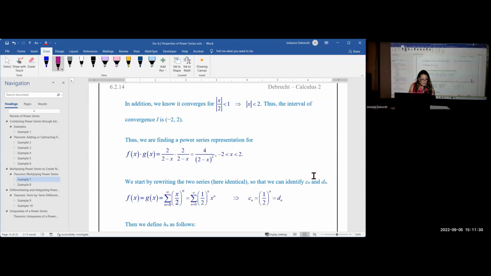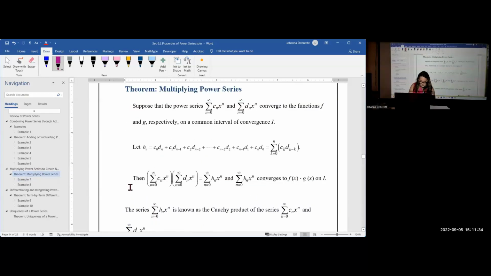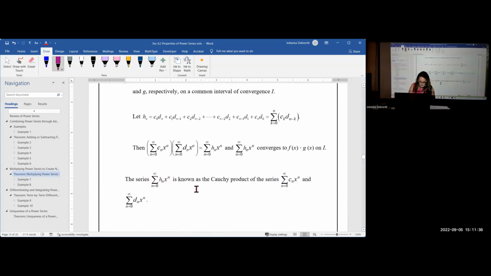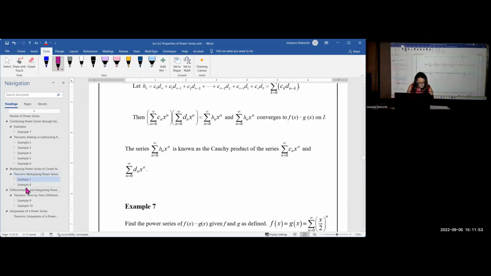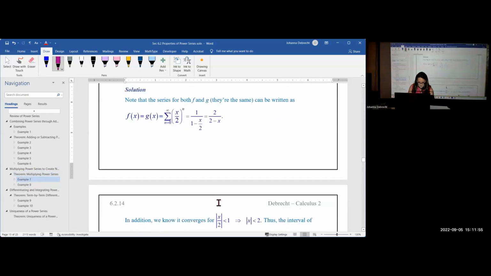So now we define what H sub n is. Let's go back up to the theorem so that we can remember what H sub n is. Remember that we're going up in the first coefficient and down in the second. So it's C sub k, D sub n minus k. All right, so back to example 7.